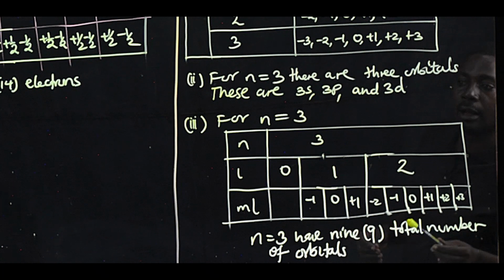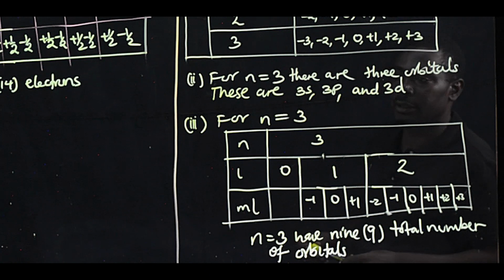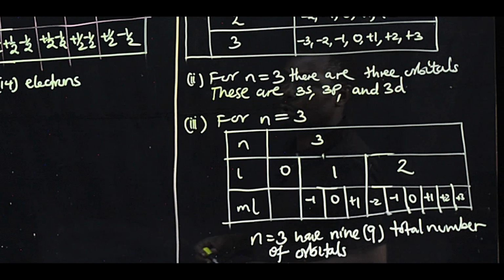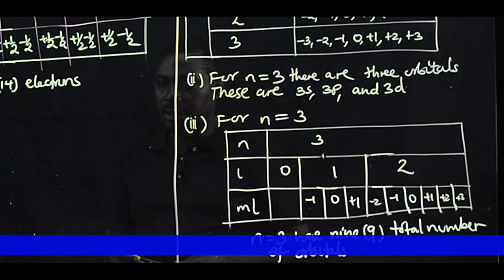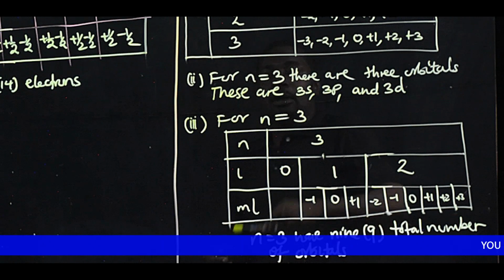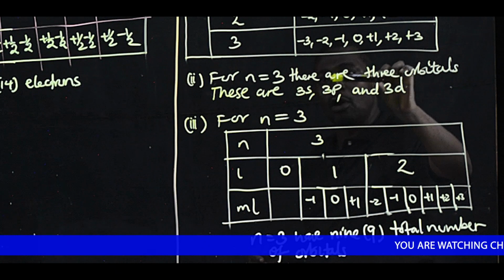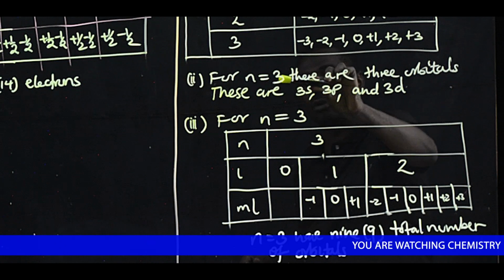And the last question, part 3: write the total number of orbitals for n is equal to 3. For this question, part 2 asked you to mention the orbital subshells of n is equal to 3.